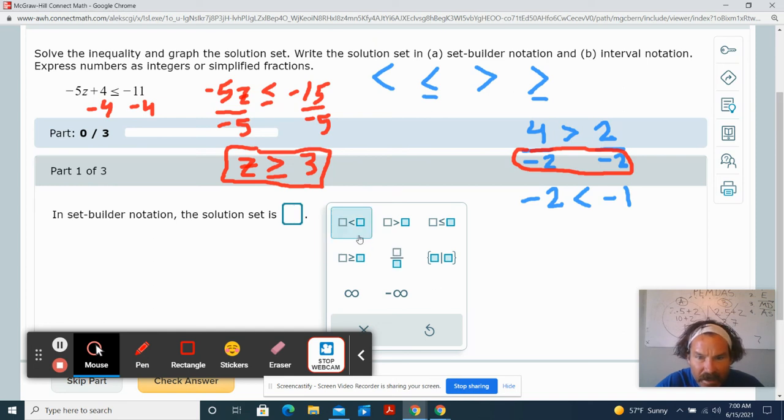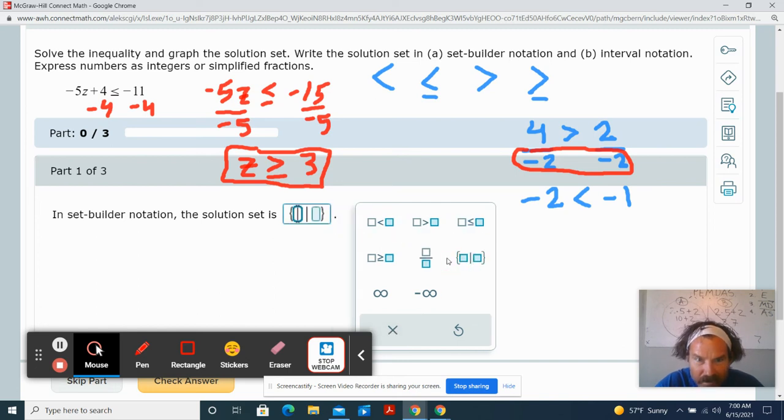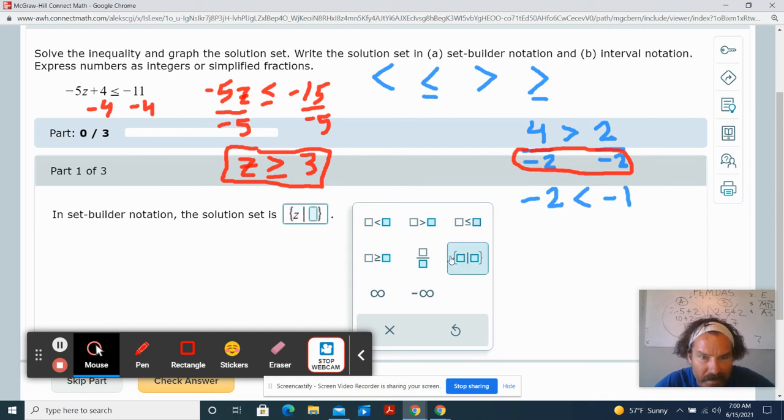Click this box here and we put the variable z, and see this little bar here? You leave this bar here. It just means such that. So all values z such that, and then in this box here, we put z.